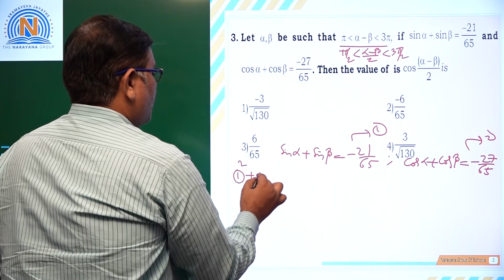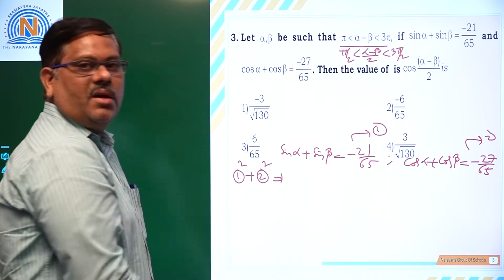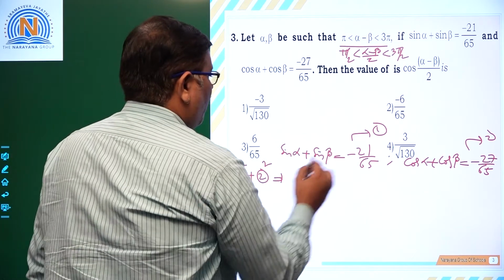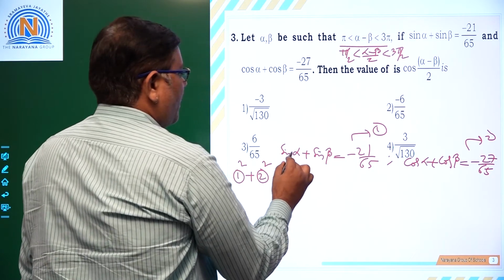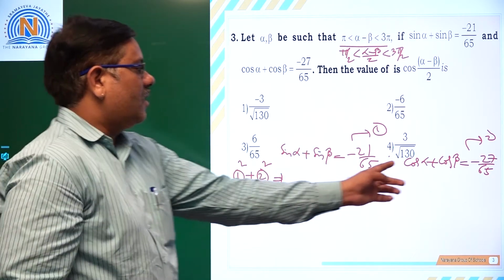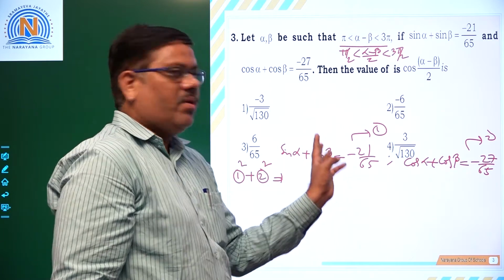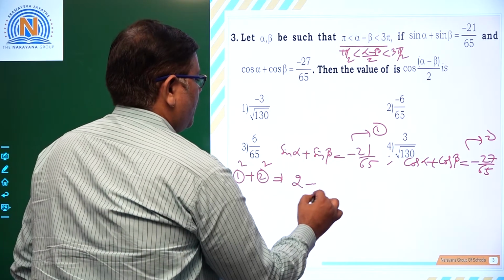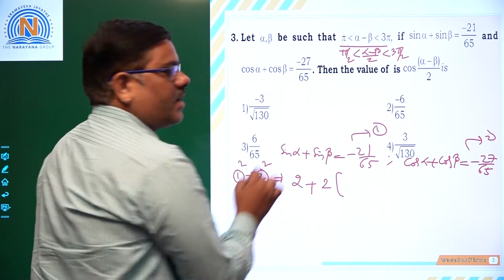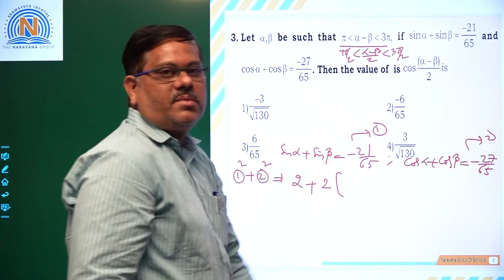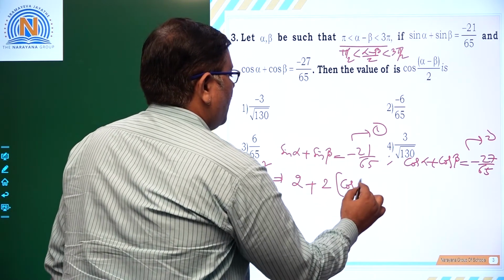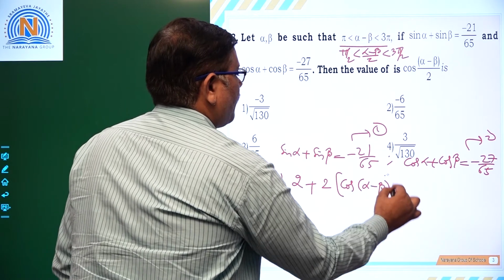1 square plus 2 square we have to do. If you do that, we are going to have sin square alpha plus sin square beta, and here cos square alpha plus cos square beta. If you add up, you will get 2 plus 2 times sin alpha sin beta plus cos alpha cos beta, that is nothing but cos of alpha minus beta.